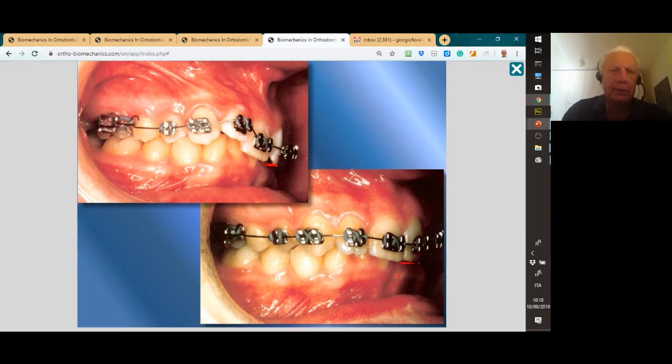So what happened? Actually, what happened is an extrusion of this tooth here, and not an intrusion of this tooth here. So we don't know exactly what the goal of this treatment was. I don't even know if the doctor really had an idea of what he wanted to do.